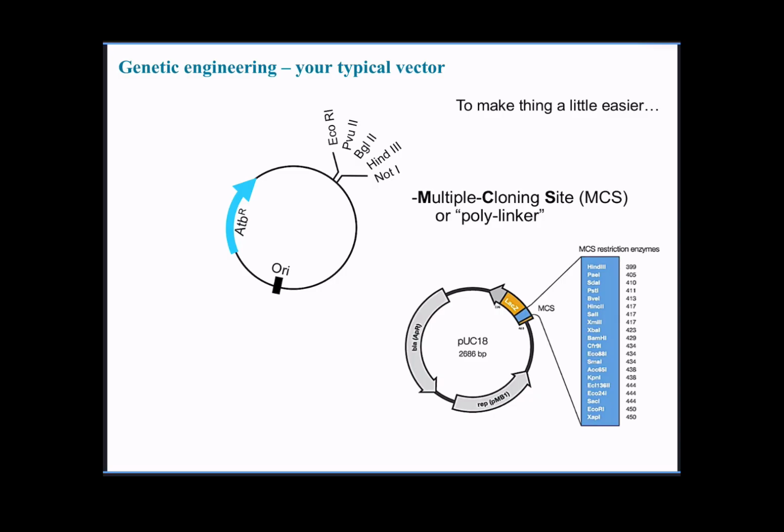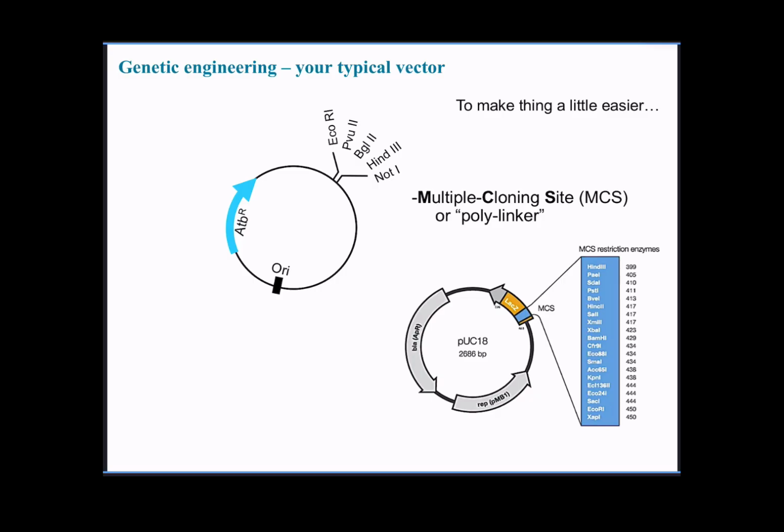And MCS for sure, multiple cloning sites. It is just a collection, introduced there artificially by design, of target sites for different restriction enzymes, such that as a user, you can take a vector and decide which restriction enzyme you'd like to use to open the vector up.